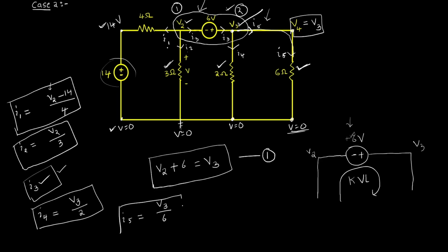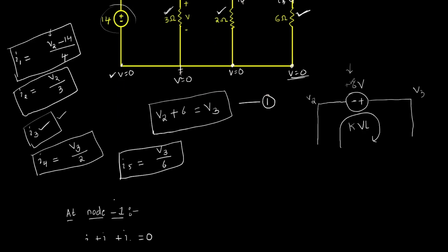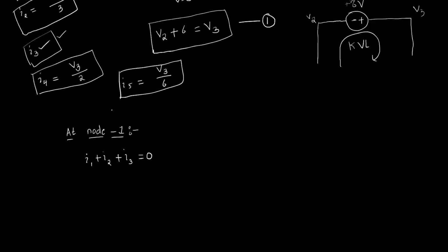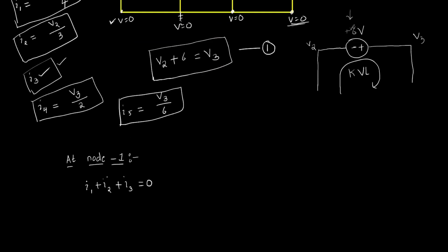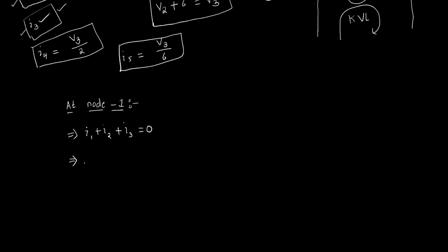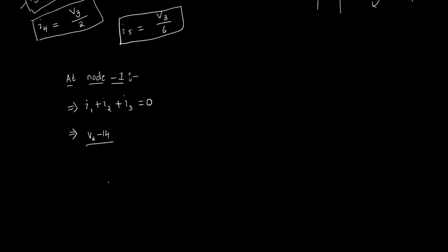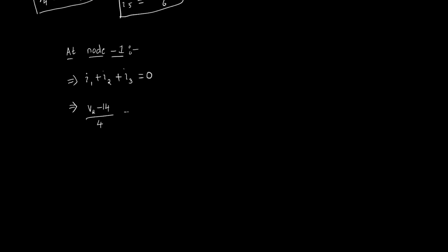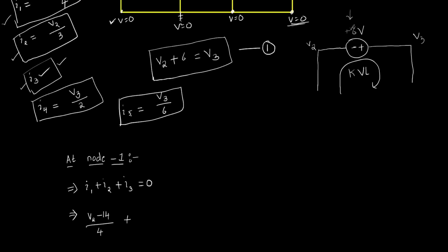So here we obtain the values of I1, I2, I3, I4 and I5. So at node 1 we have this equation. So if you substitute I1, I2 and I3 from these three here, then we obtain the resultant equation as, so I1 is V2 minus 14 divided by 4, and the value of I2 is V2 by 3.